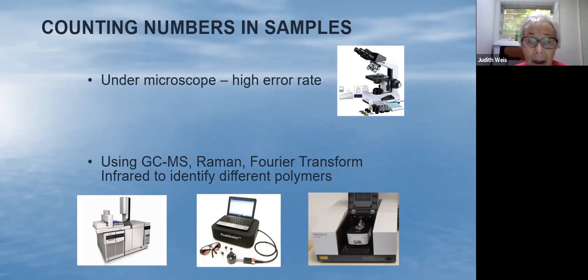These are kinds of spectroscopy equipment that give you a much more accurate counting, and will also tell you what polymer it is. So this is a sophisticated, expensive piece of equipment, available at universities and private chemical laboratories. It's not something that the average person or school group or citizen science project would have.